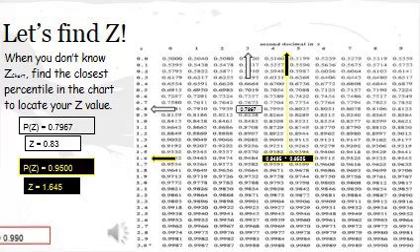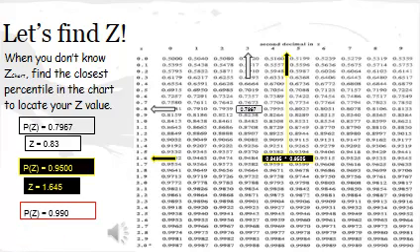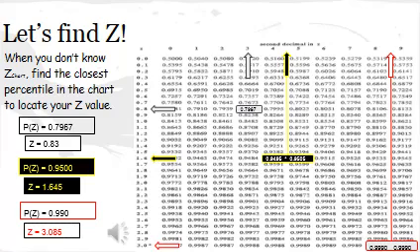The last example has the probability of z being equal to 99% or 0.99. We find this in the bottom right of the z chart, where two numbers have the same percentage. So you can use either 3.08, 3.09, or the average of the two being 3.085.